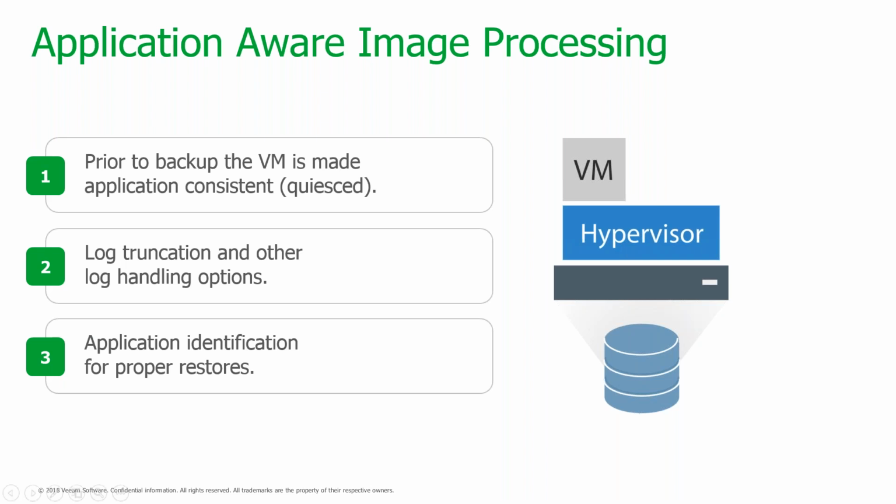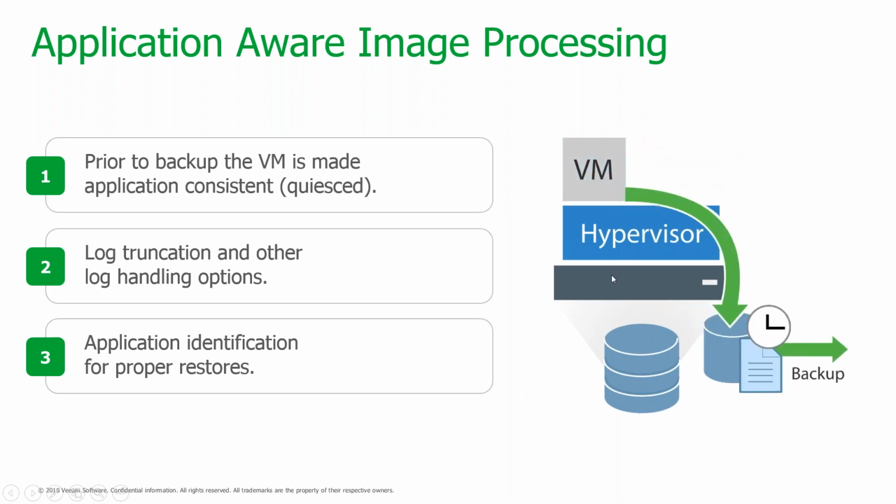And then we also identify the application for proper restore, right? And this is very important because the difference comes when you need to restore the application, right? And if any of you have ever restored any Windows-based application, for example, take Active Directory, right? I like to use that example because that's one of the more complicated restore procedures, right?